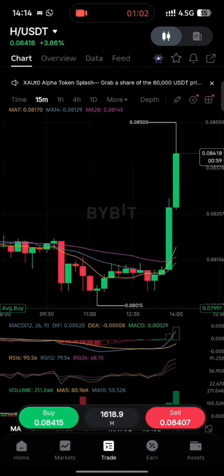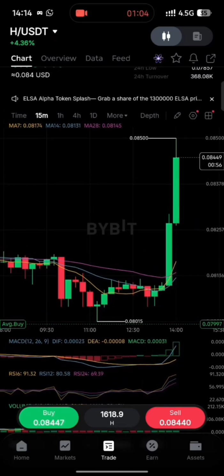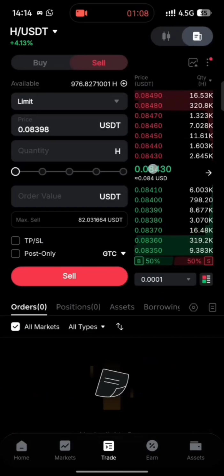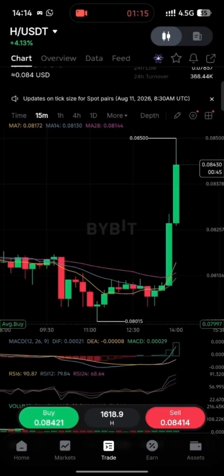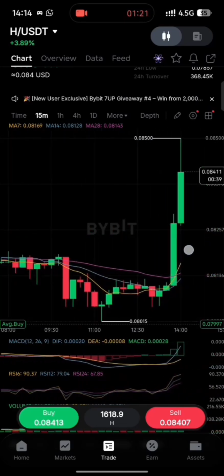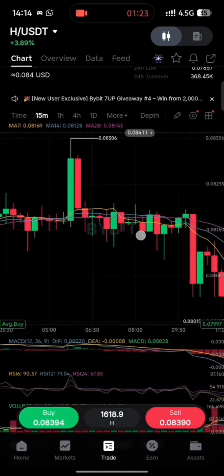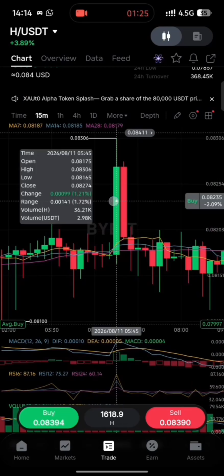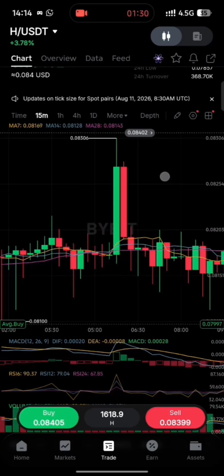I wish to make something more than that. Maybe I should sell when this coin is at 0.9. You can see I have over 82 already. I've made roughly 22 USD now. You understand? But I'm still waiting.